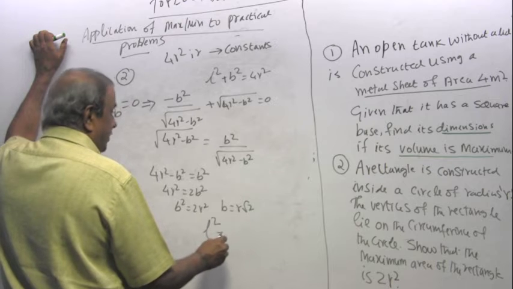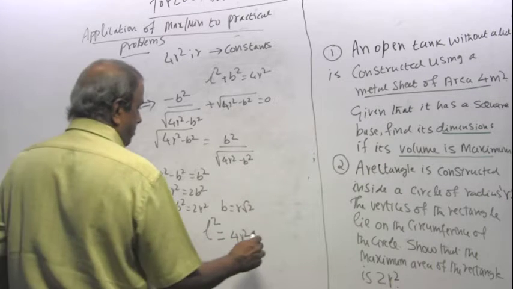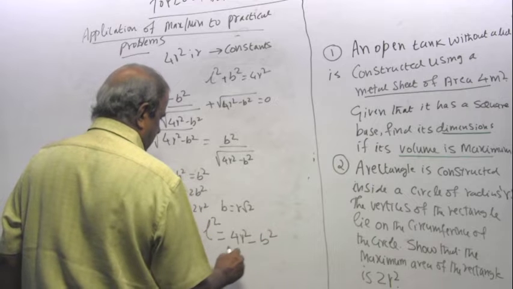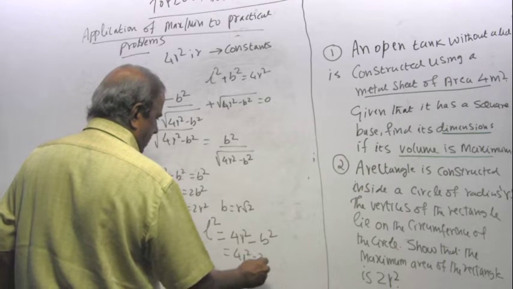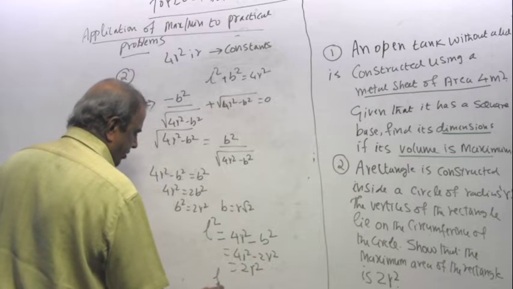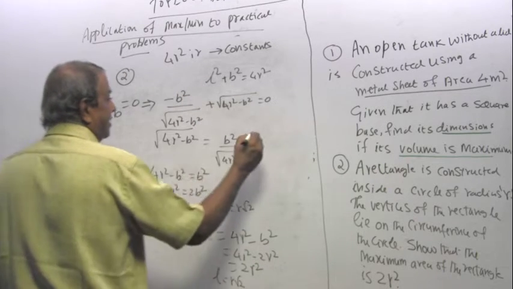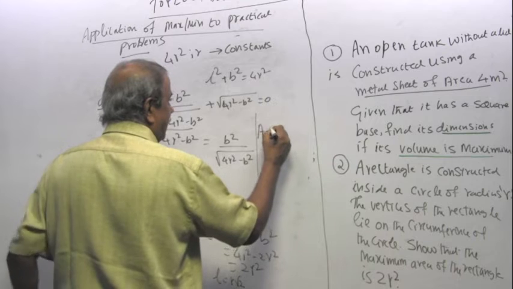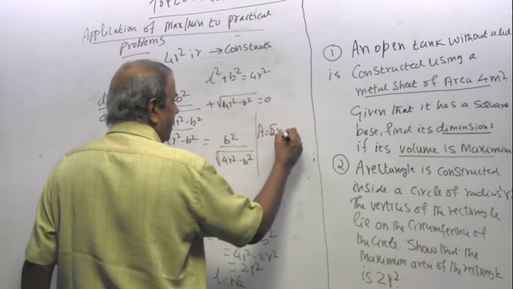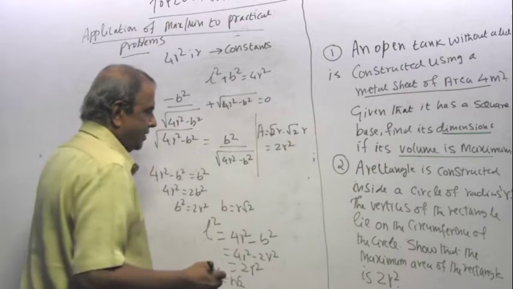So, L squared is equal to 4r squared minus b squared, that is 4r squared minus 2r squared, which is 2r squared. So, L is equal to r root 2. Therefore, area is root 2 r times root 2 r, which is 2r squared.